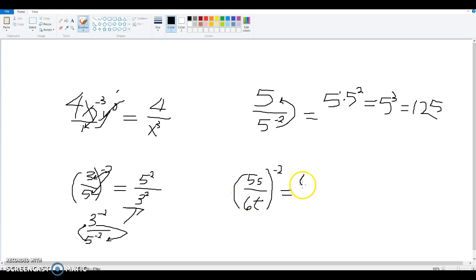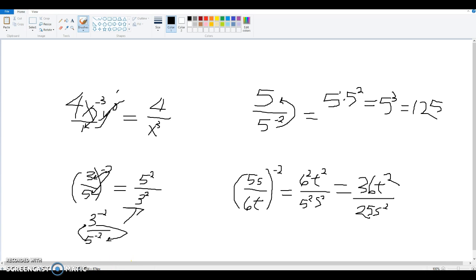So we're going to have 6 squared t squared over 5 squared s squared. And you can just use your calculator or use your head. That's 36 t squared over 25 s squared.